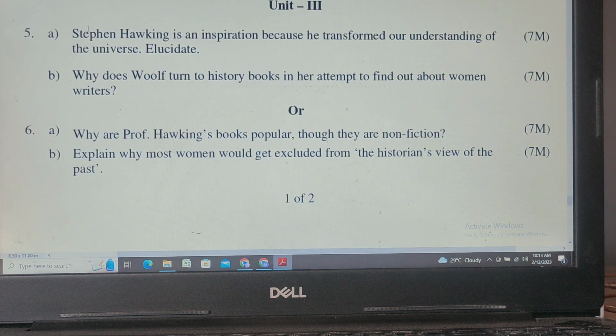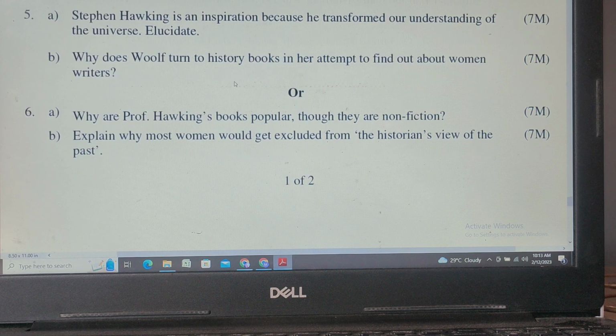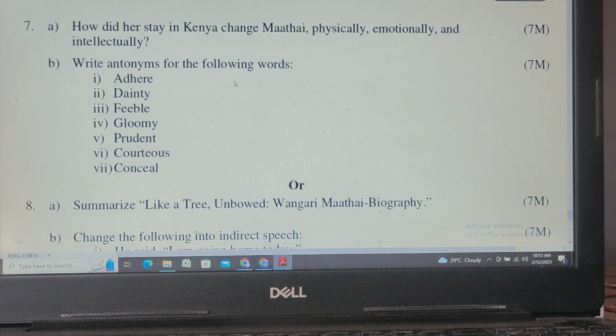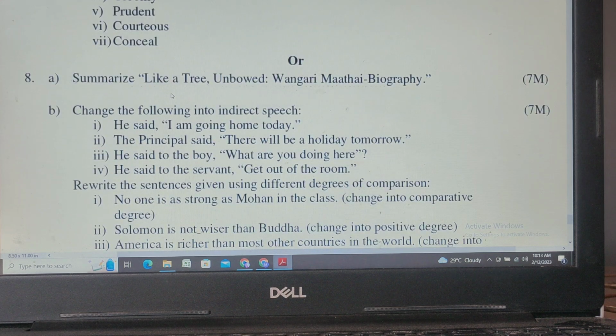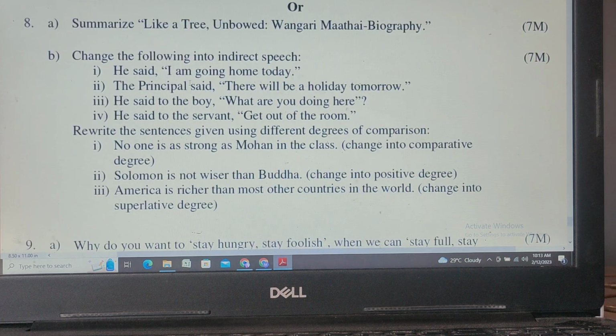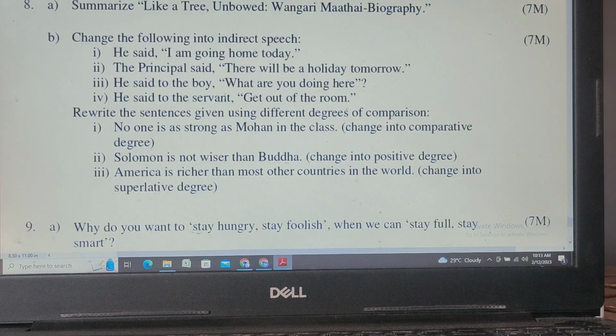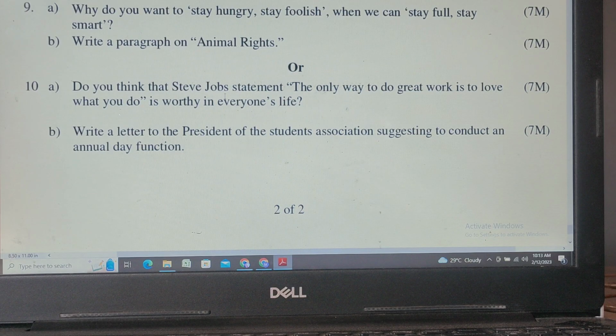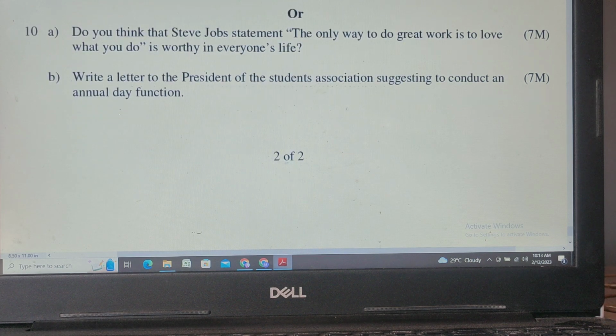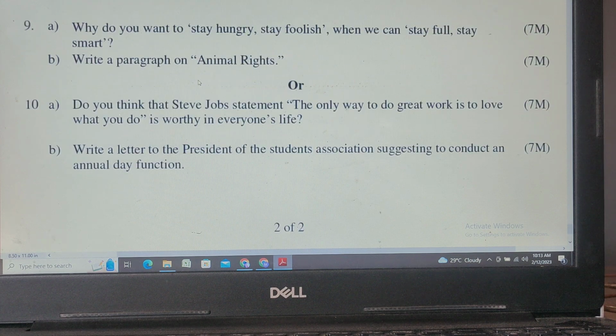Unit 3 talks about Hawking and Shakespeare's Sister. It's again the same. Set 4 Mathai and antonyms. In the previous set it is synonyms. So the other set talks about Mathai and direct indirect speech, degrees of comparison, and the next one talks about Stay Hungry Stay Foolish plus paragraph writing. So here it's vice versa, and it's a letter here. So in the last set we have got a letter.